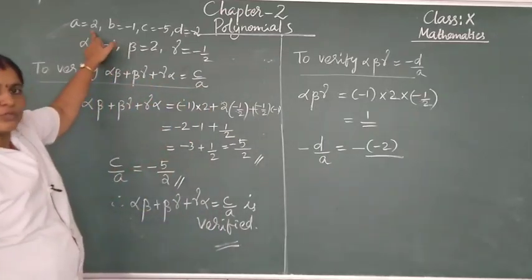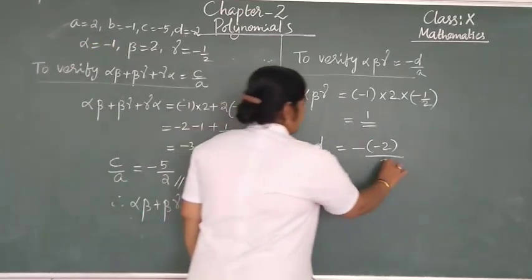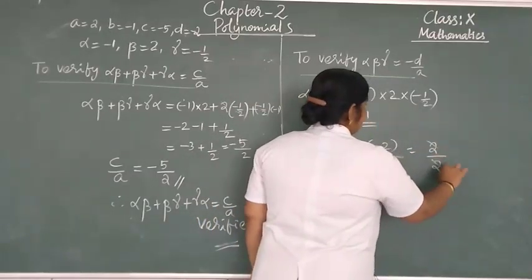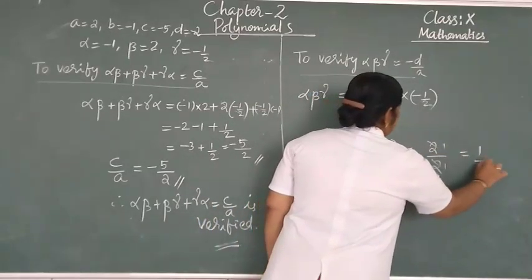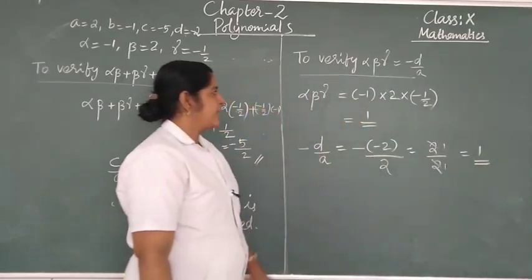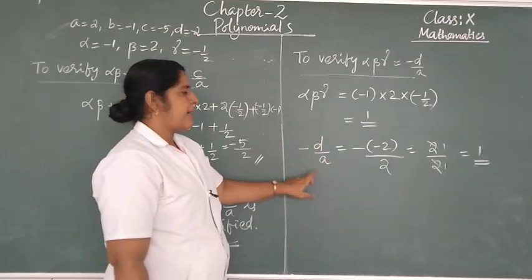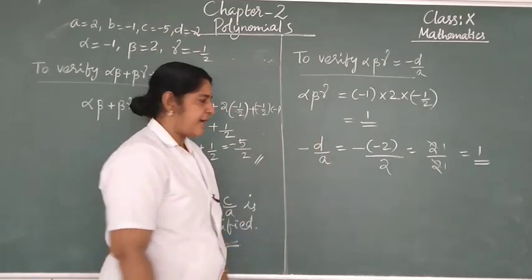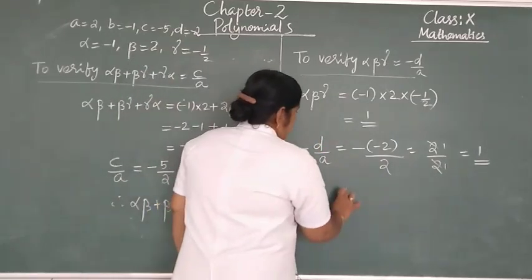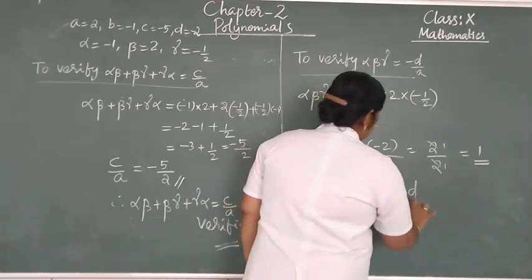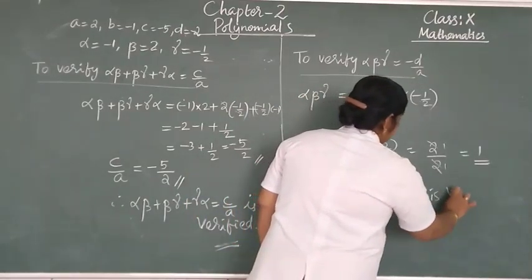A equal to 2. So that the answer is 2 by 2, which is equal to 1. So finally we got alpha beta gamma is equal to minus D by A is verified.